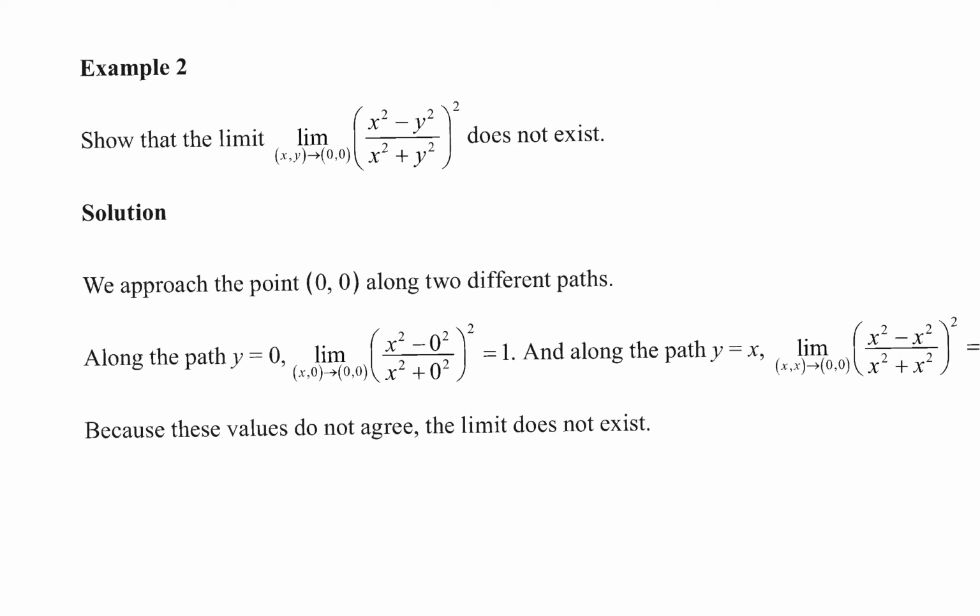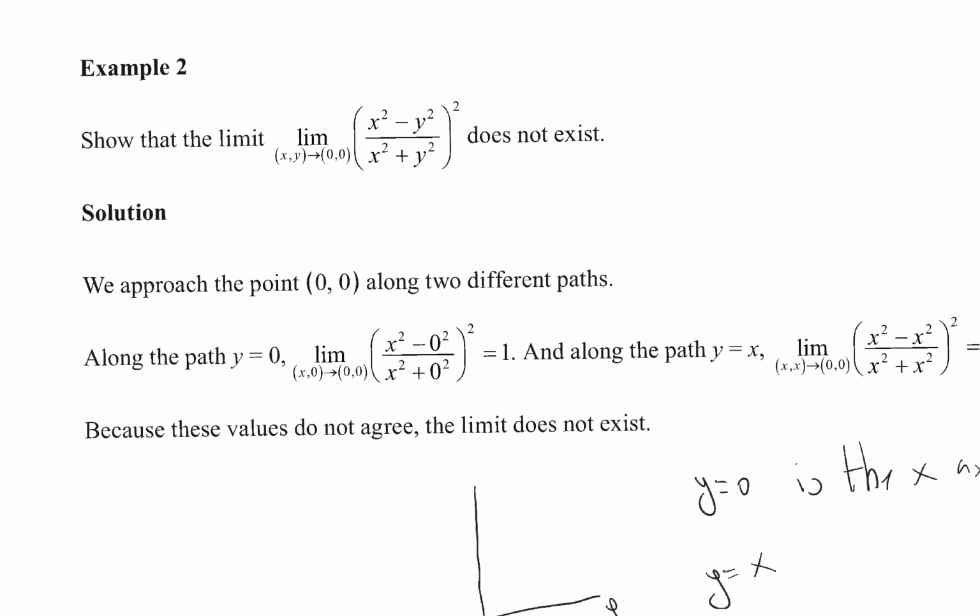It will be x squared minus x squared, which is 0, and in the denominator x squared plus x squared, 2x squared. 0 divided by 2x squared is 0. So approaching through the line y equals x, the limit is 0. Approaching through the line y equals 0, the limit is 1. Then the limit doesn't exist.